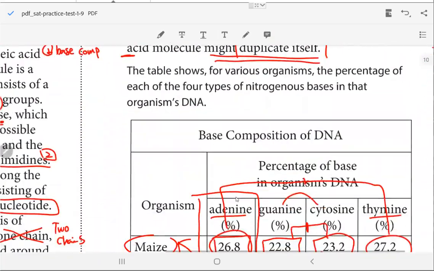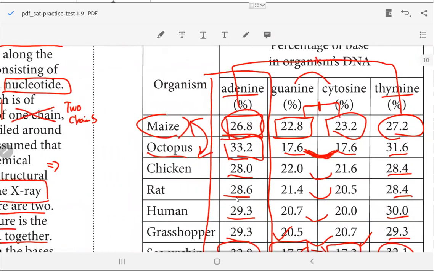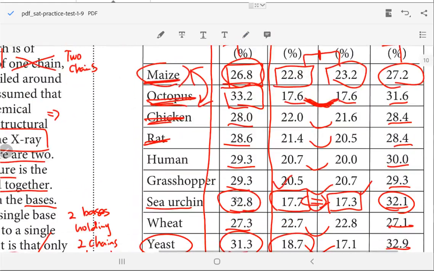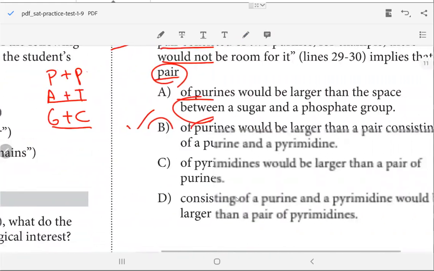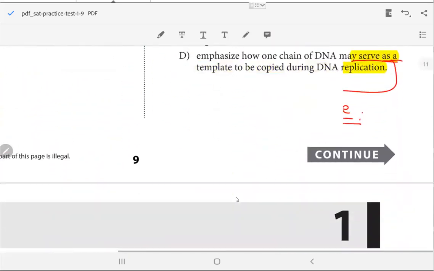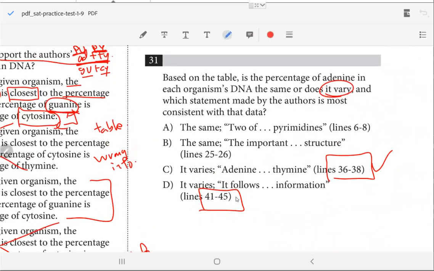Adenine can be different based on each organism. The value can be different. So question 31 is D.